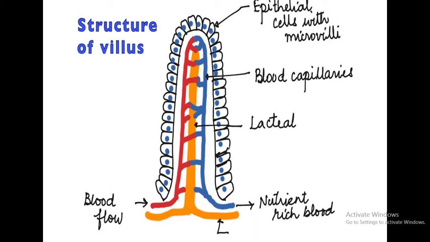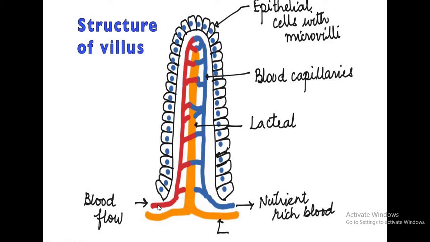The second structural adaptation is that the villus has a rich network, or rich supply, of blood capillaries. The red one is the blood capillary, through which blood is flowing. The yellow one is the lacteal, which will absorb the fats, fatty acids and glycerol.